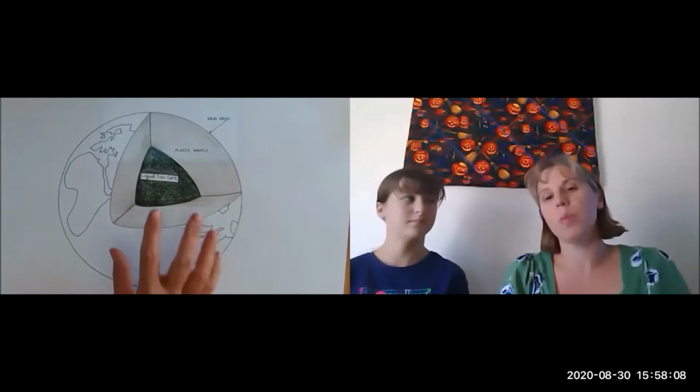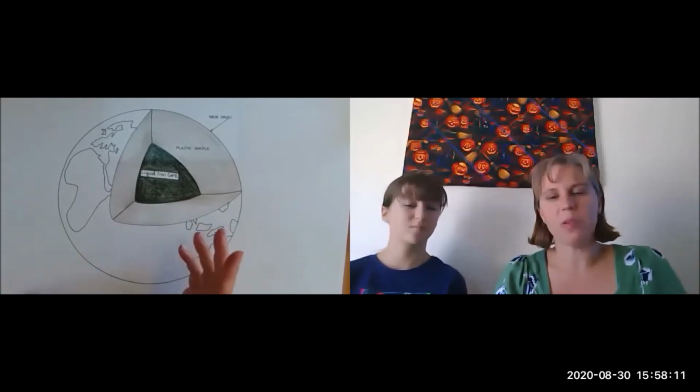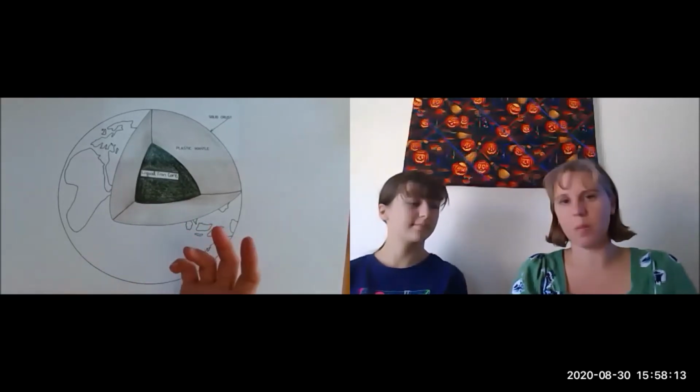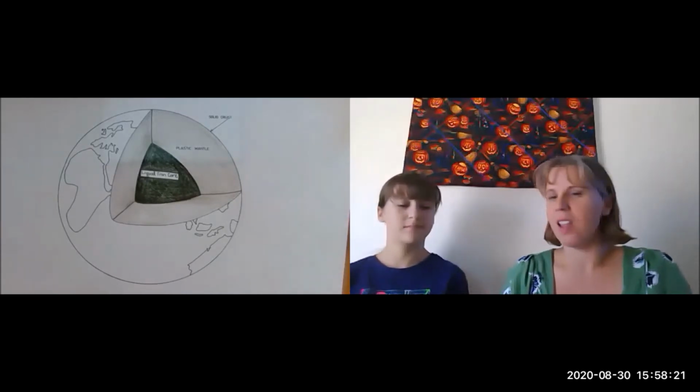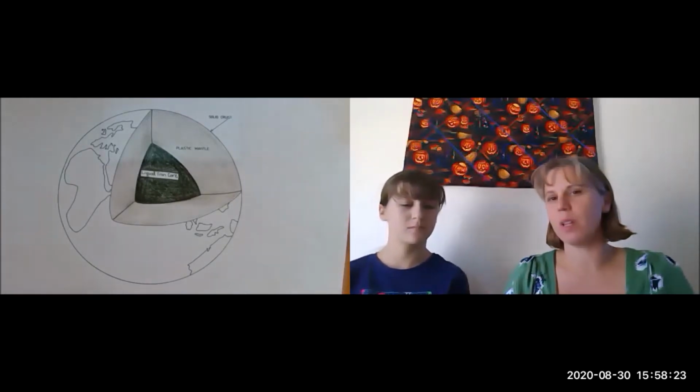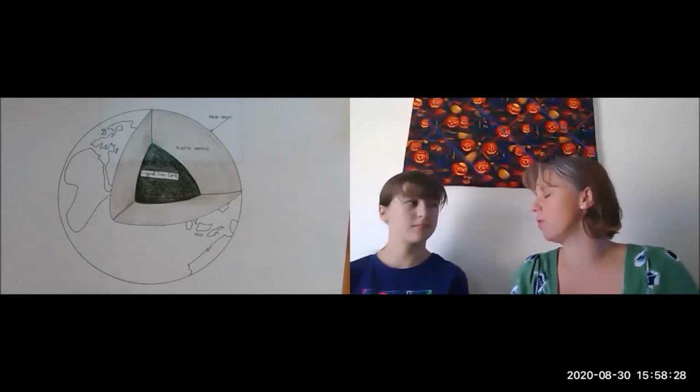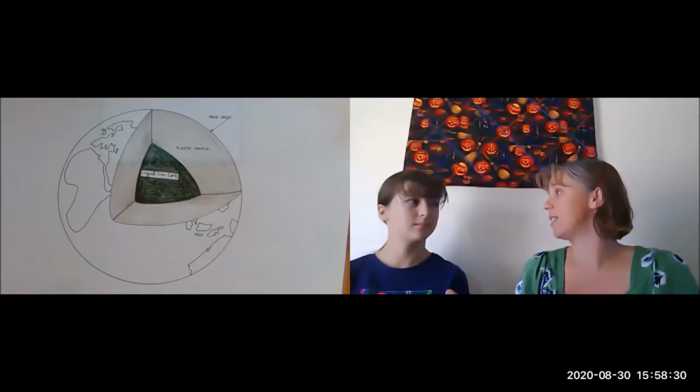Now, when we look at this example, maybe you've already seen other examples or watched documentaries or learned about the inside of the earth. And that's what's so amazing about this, is that scientists are always learning more and discovering more. Scientists don't always agree on what they believe the inside of the earth looks like, or even what state it's in.